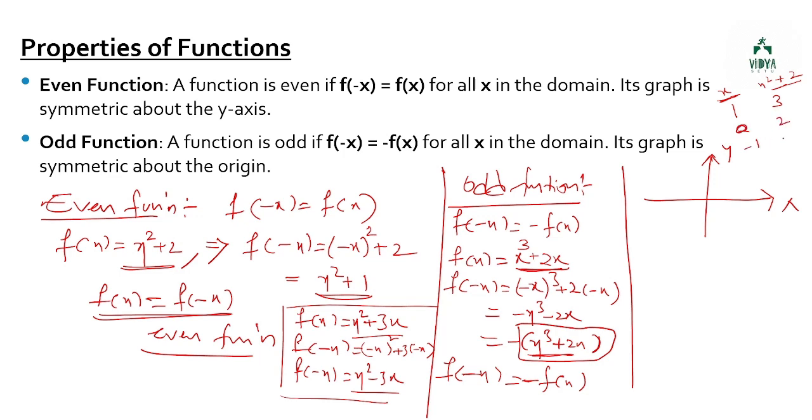For -1 we'll get how much? Tell me, 3 only, okay? For -2 we'll get 6 only, okay? Let's take this is 0, this is 1, this is 2, this is -1, this is -2, and on the y-axis 1, 2, 3, 4, 5 and 6, okay?